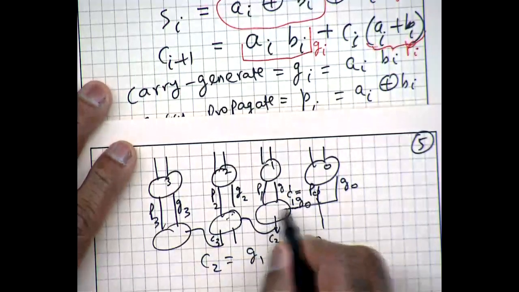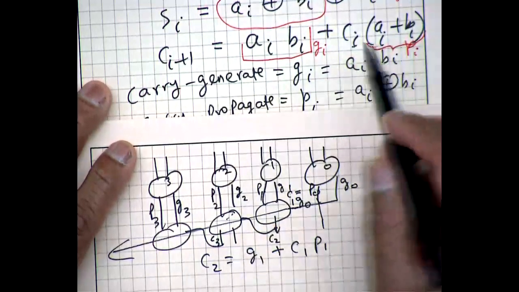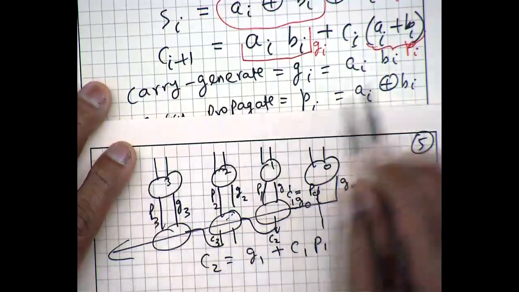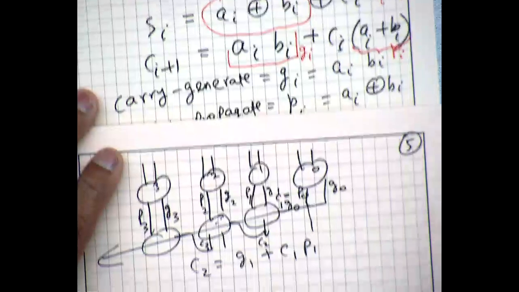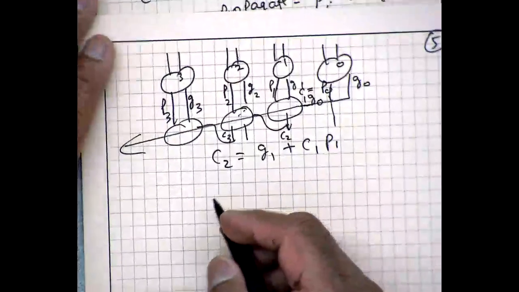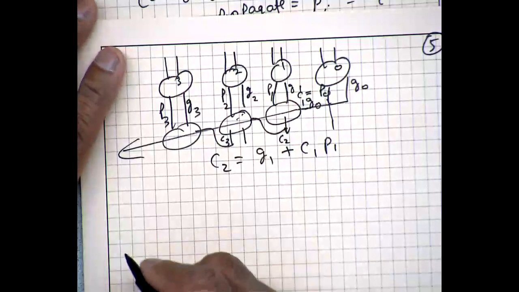So the real bottleneck here is this carry chain. At any given time, sum is exclusive OR of Pi and Ci. So the whole idea of fast adder design is to break that carry bottleneck.